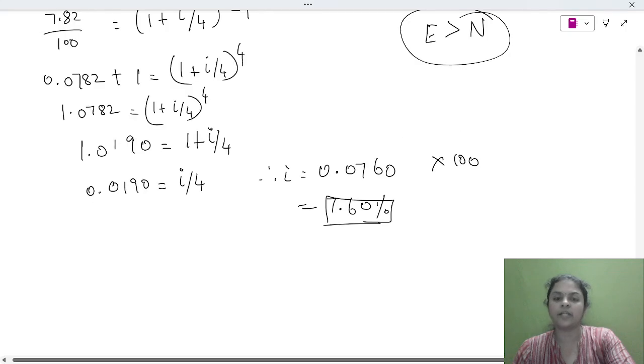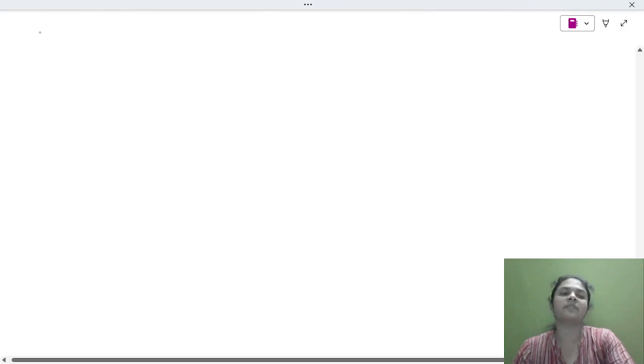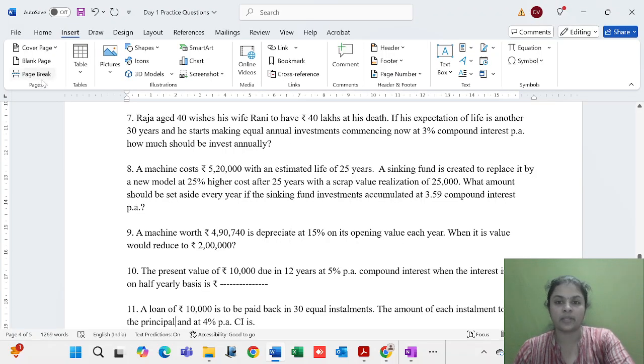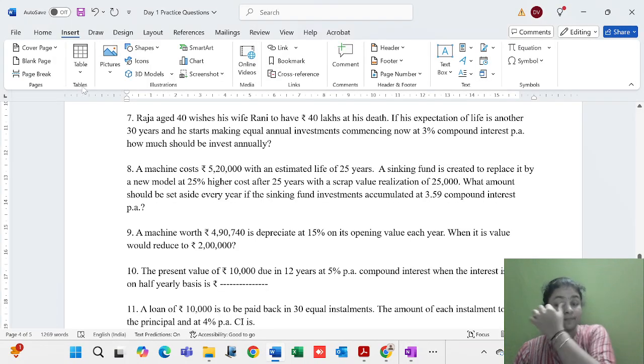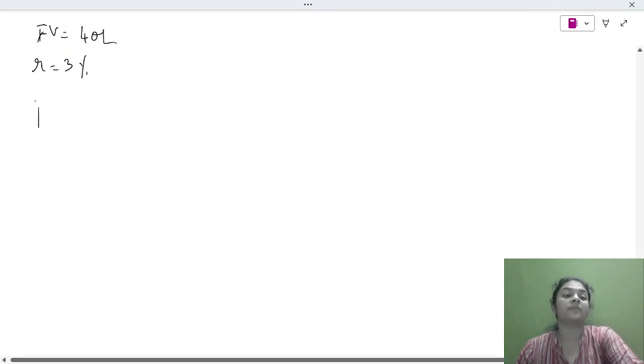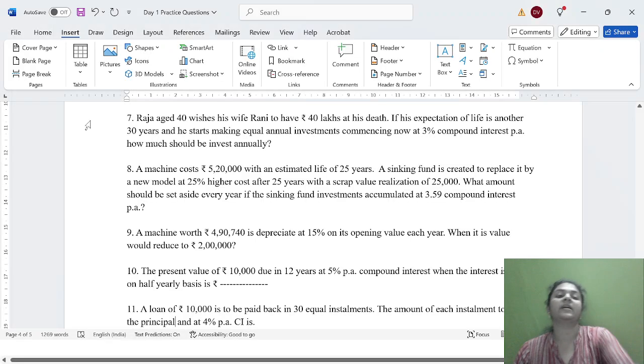So let us write down what are all the values given. Future value is 40 lakhs. Rate of interest is given to us at 3% per annum. Okay. Now, how many number of years? N is 30 more years.